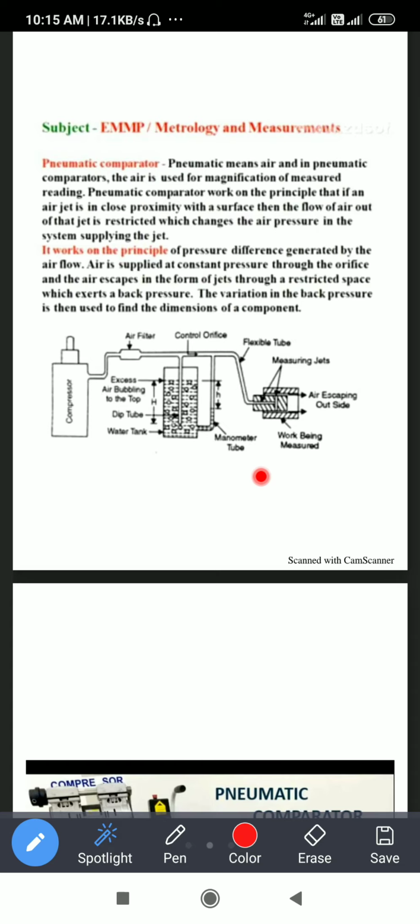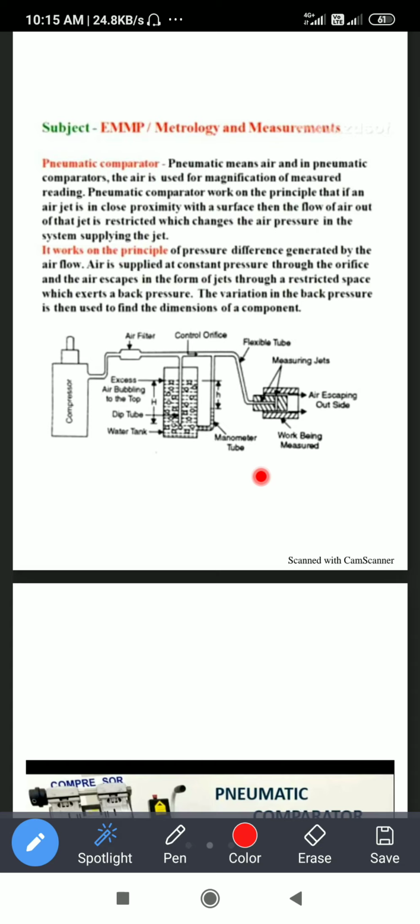The pressure generated by the air when it comes reverse back through the same pipe is used for measuring the variation of the workpiece. What does that mean? One standard workpiece is given with the perfect dimension, and there is one machined workpiece. You compare the standard workpiece with the machined workpiece.